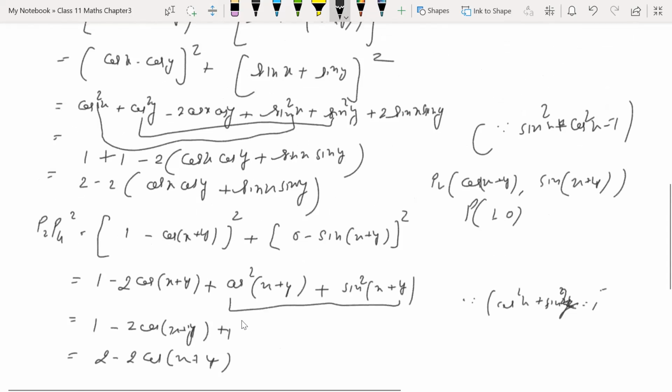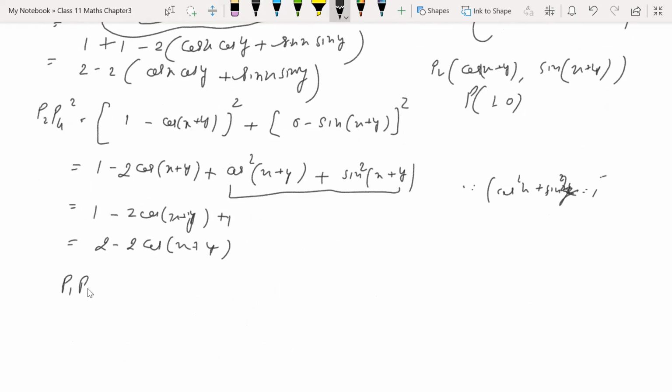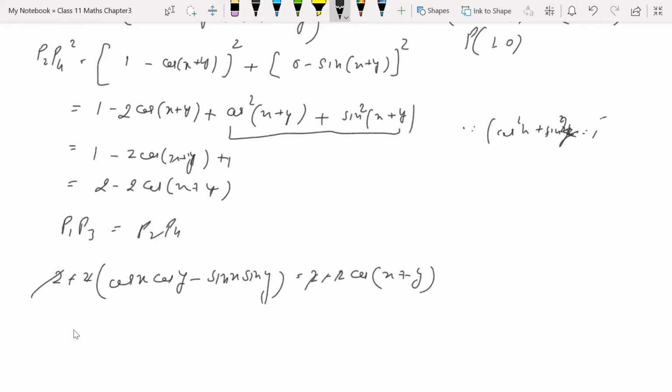Because P1 P3 is equal to P2 P4, hence we will write 2 minus 2 (cos x cos y minus sin x sin y) is equal to 2 minus 2 cos x plus y. 2 and 2 cancel, minus and minus cancel, 2 again cancels, and we reach the conclusion that cos x plus y is cos x cos y minus sin x sin y.